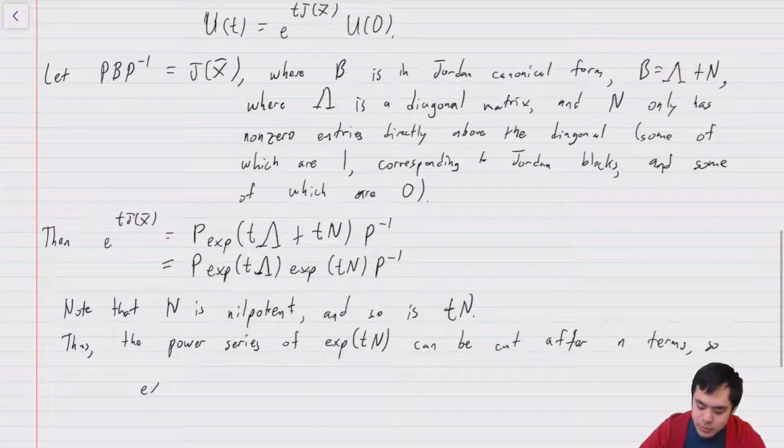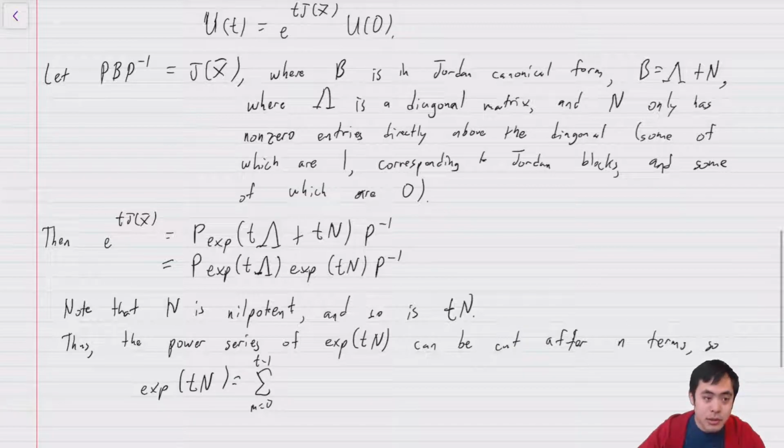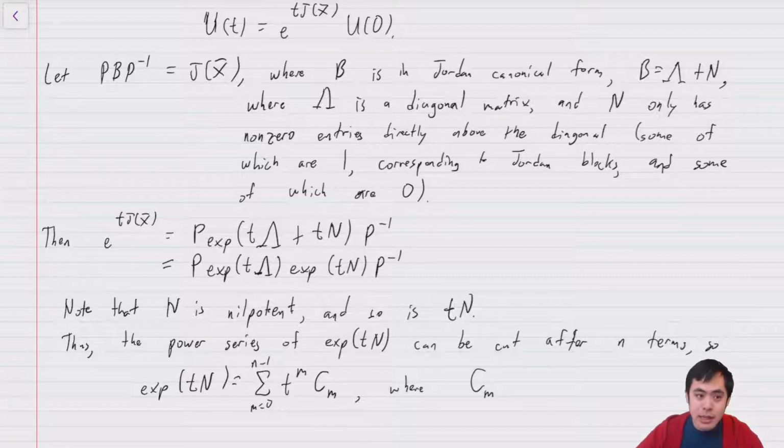So we get that the exponential of tN is equal to the sum from m equals 0 to n minus 1 of t to the m times C_m, where C_m is an n by n matrix that has no dependence on t.